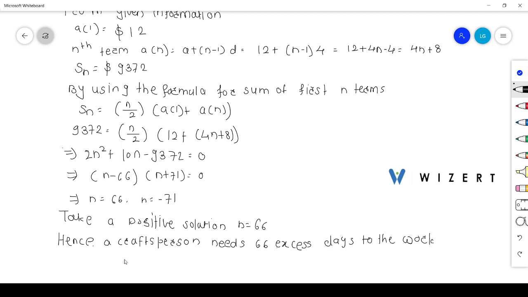That is, our correct option is option A, which is 66 days.